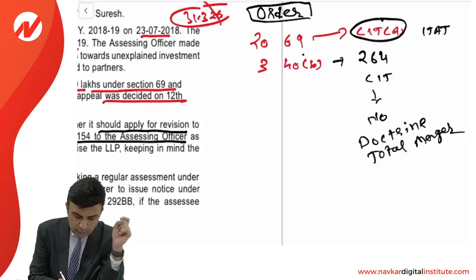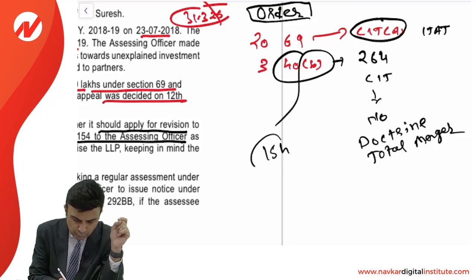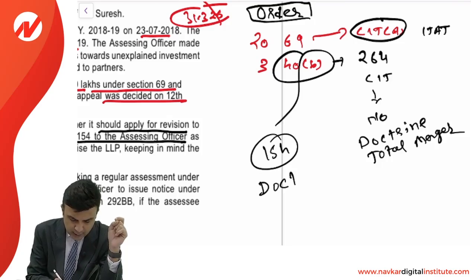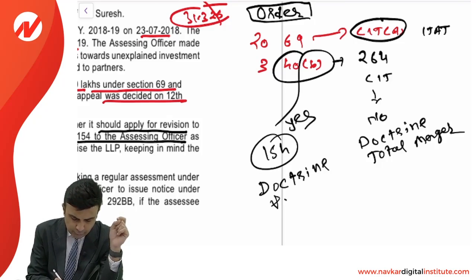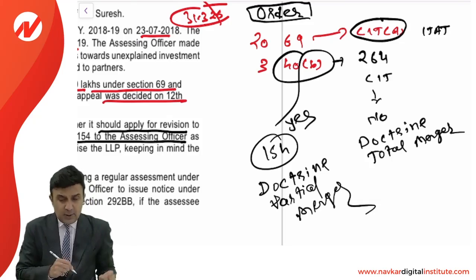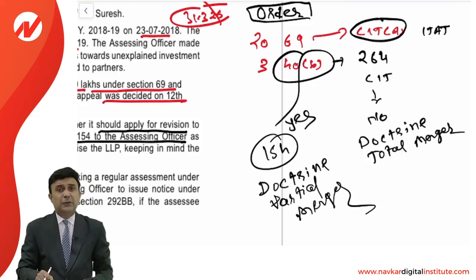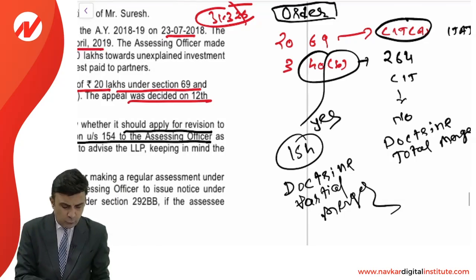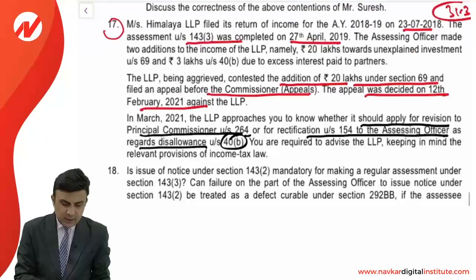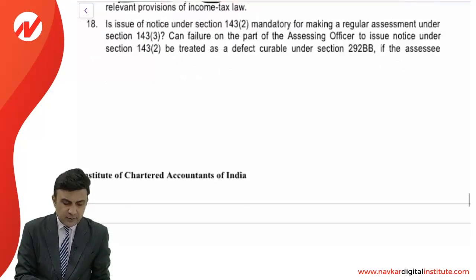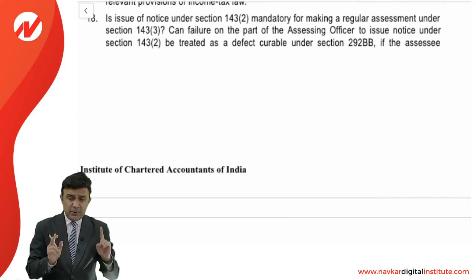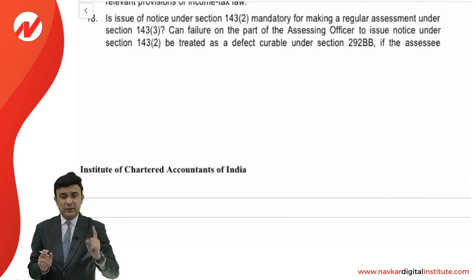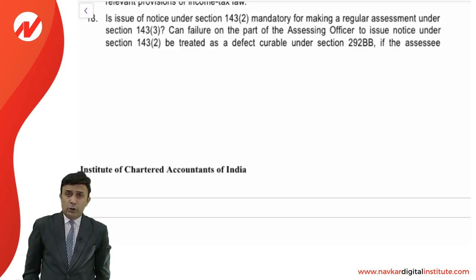But for the same, if you want to go for 154, you are allowed to go for 154 because the doctrine of partial merger is applicable. Friends, this is one of the most favorite of ICAI, and I would be of the opinion that this is asked almost in all the examinations by the Institute. Be careful, there is only one section wherein the doctrine of total merger is applicable.